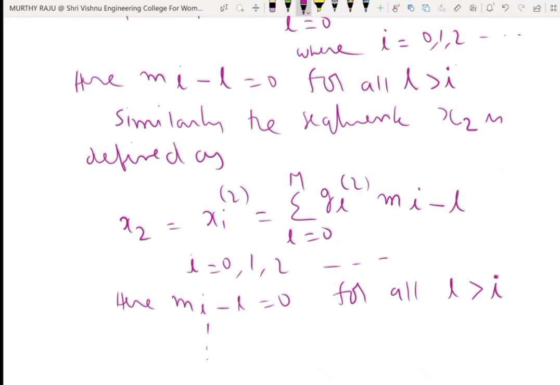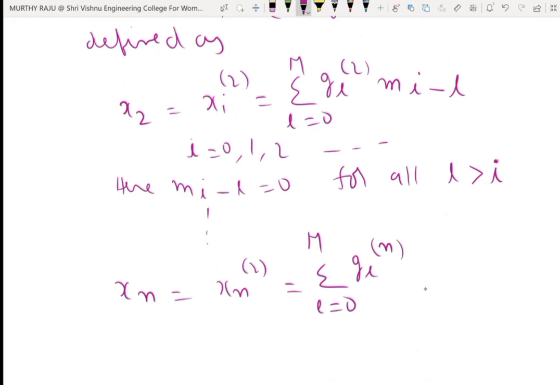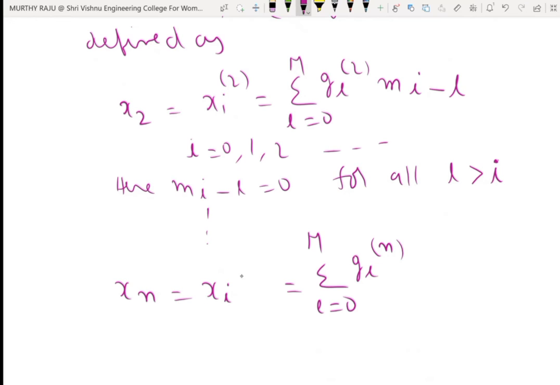And so on. Suppose n outputs are there. The last one is xn of i, which is equal to the sum over L equal to 0 to M of g_L of n times m of i minus L, where i is equal to 0, 1, 2 and so on.